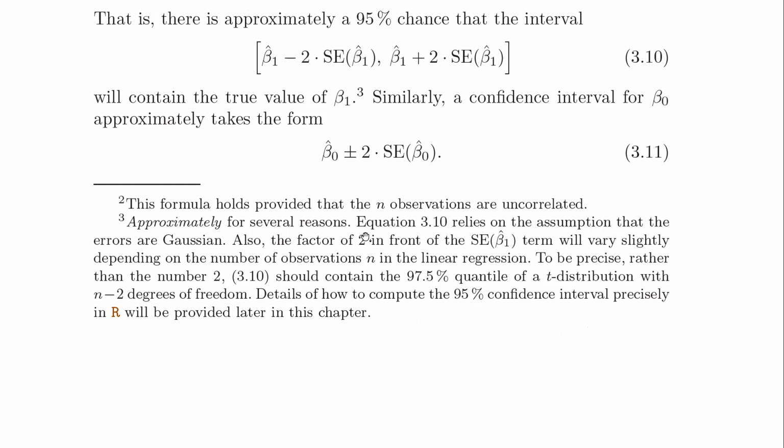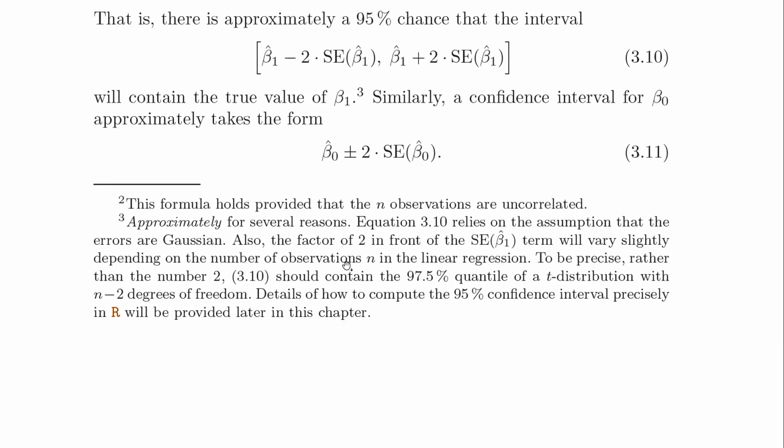Also, the factor of 2 in front of the standard error of beta 1 hat term will vary slightly depending on the number of observations n in the linear regression. To be precise, rather than the number 2, 3.10 should contain the 97.5% quantile of a t distribution with n minus 2 degrees of freedom.